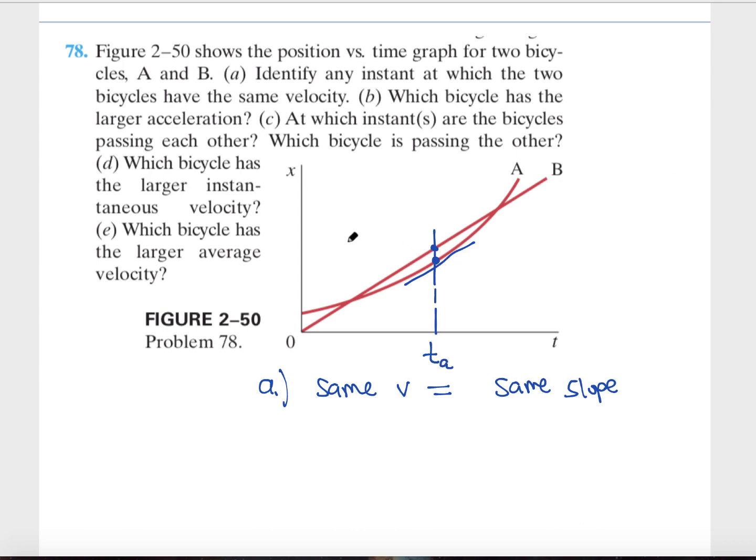Now changing colors, part B asks us which bicycle has the larger acceleration. Well, let's take a look. The acceleration of bicycle B has to be 0, because it's a straight line.